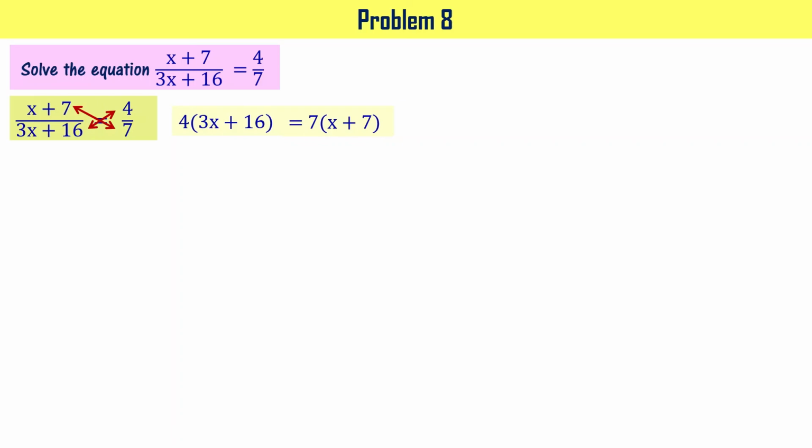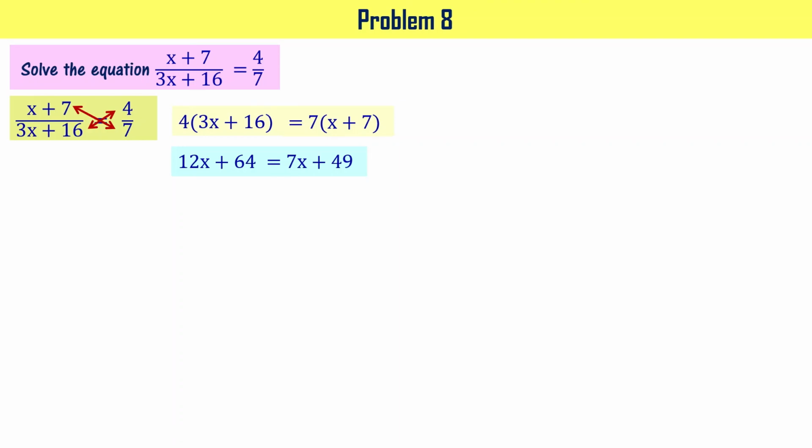This is how simple it is. Now let me multiply (3x plus 16) with 4 and (x plus 7) with 7 so that I can simplify the equation and write it as 12x plus 64 equal to 7x plus 49.